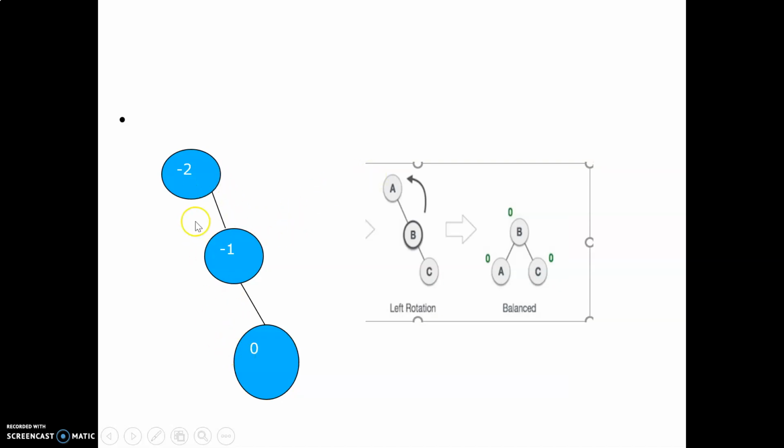See, this is a right side heavy tree because the balancing factor of one node is less than minus 1, minus 2. See, when it is other than 0, 1, minus 1, we have to find the unbalanced node. This is the unbalanced node. When minus is in front of it, that means it is right heavy. When it is positive, that means it is left heavy. If it is right heavy, we have to perform left rotation. This is our case. And we have to perform left rotation.